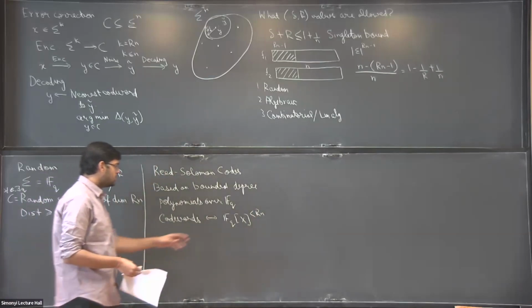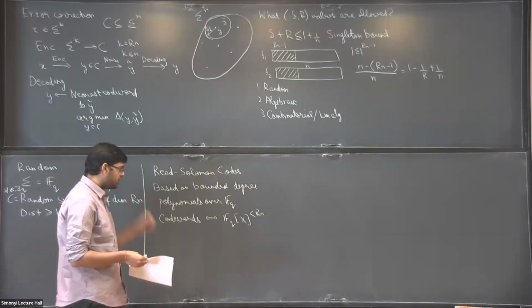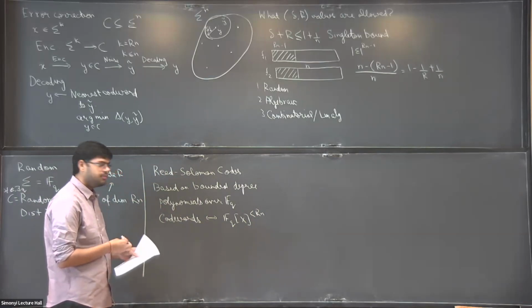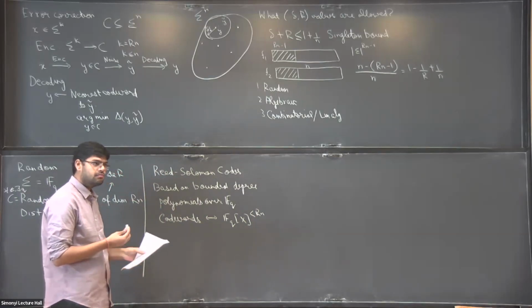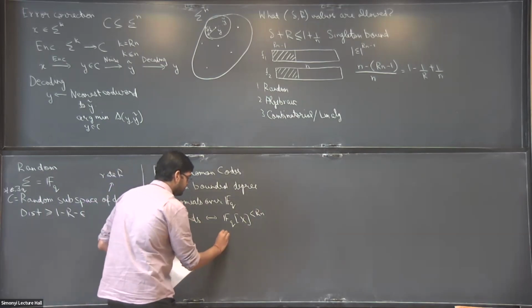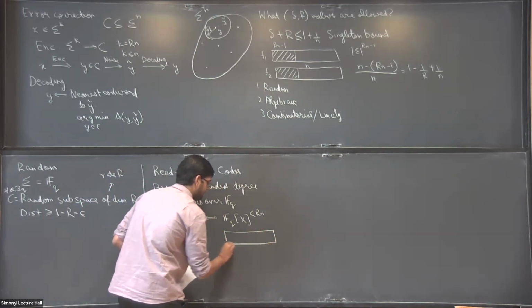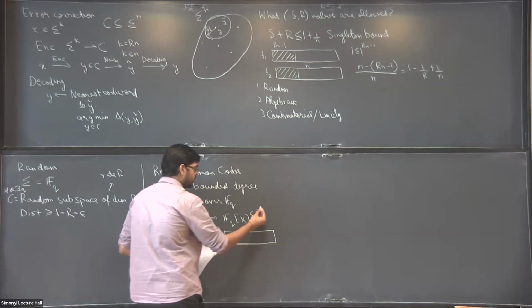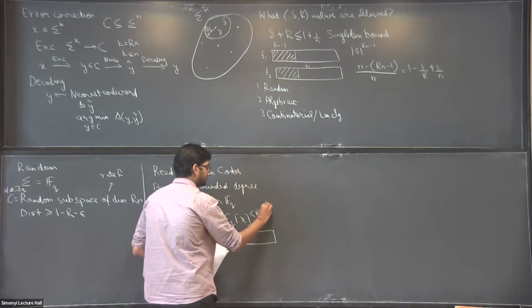So if we have to choose a degree less than Rn polynomial, it's sufficient to choose Rn many coefficients for this polynomial. Let me name this Rn parameter as k.